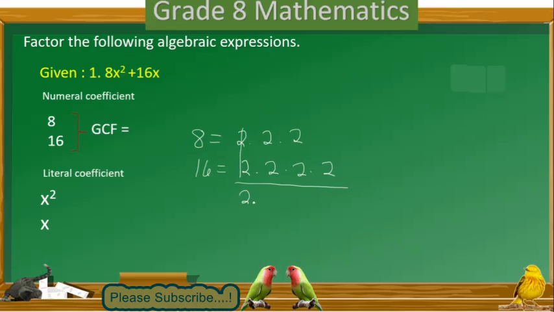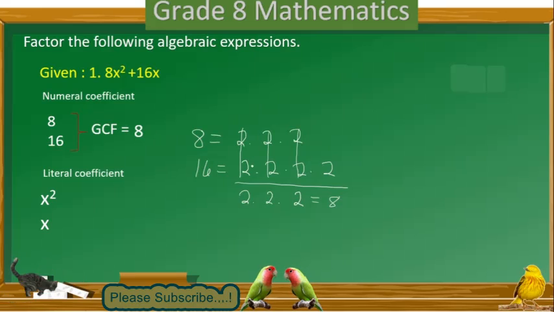Also with this one, they are common, and also with this one. But this one is not, because there is no further 2 for 8. So the result is 3 common factors. Thus we will multiply these 3: 2 times 2 is 4, times 2 is 8. So our GCF for the numerical coefficients is 8.